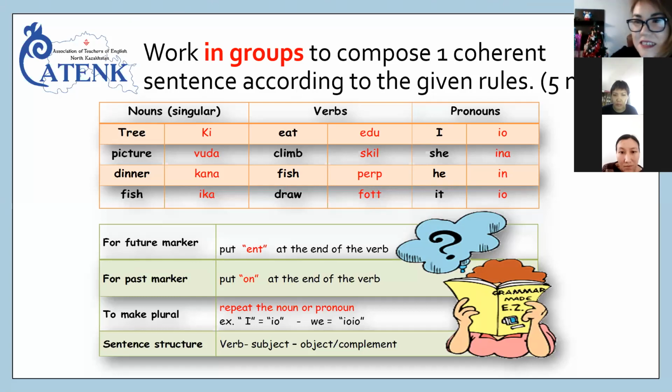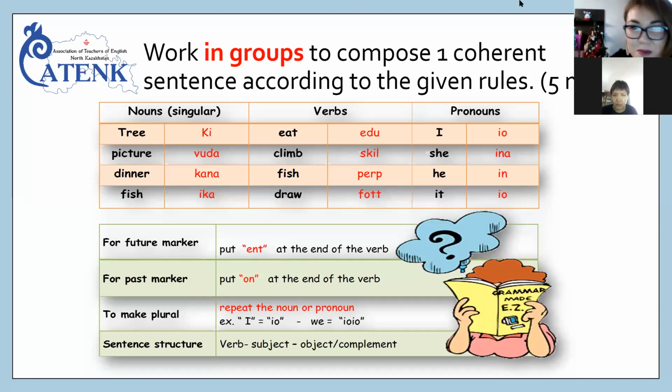Okay, I think I see some answers in our chat box. Jazira, I see here, maybe Jazira or Batima, maybe you want to turn on your microphone and explain your sentence. What did you write?